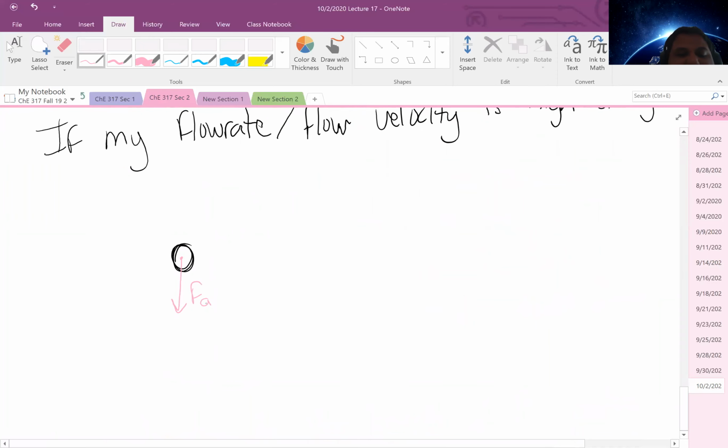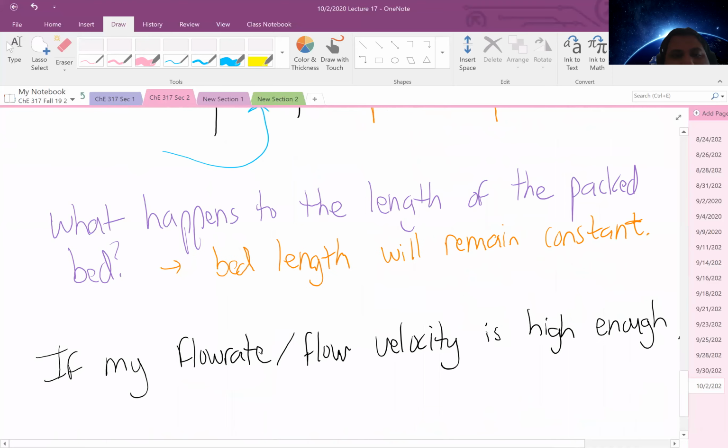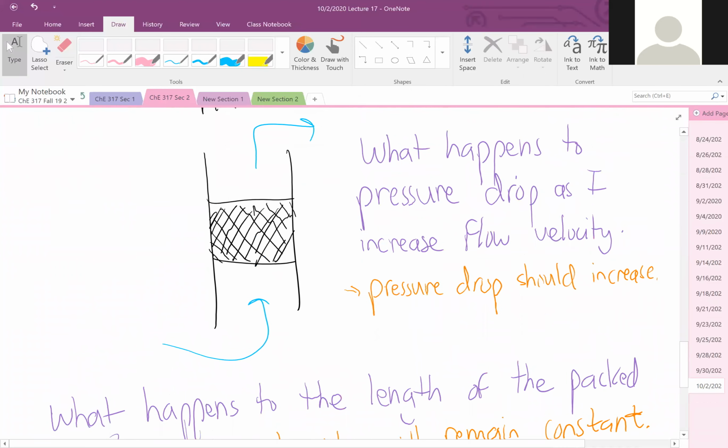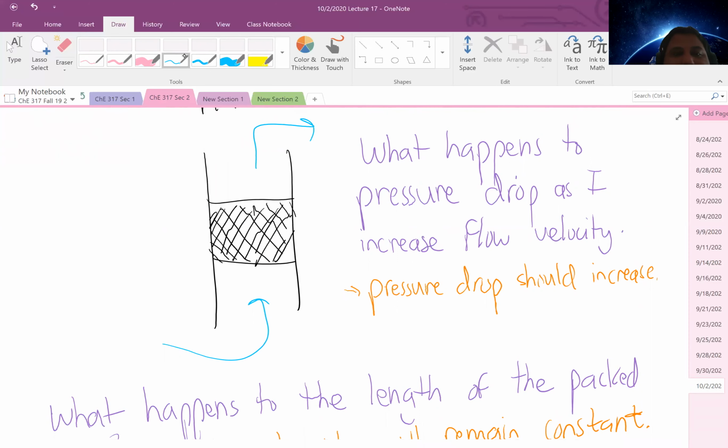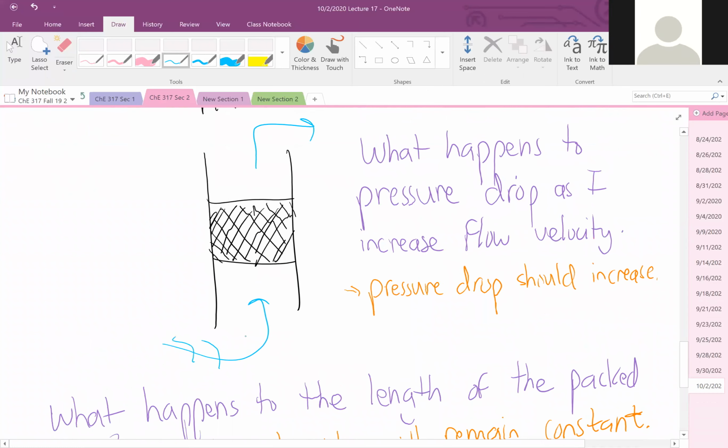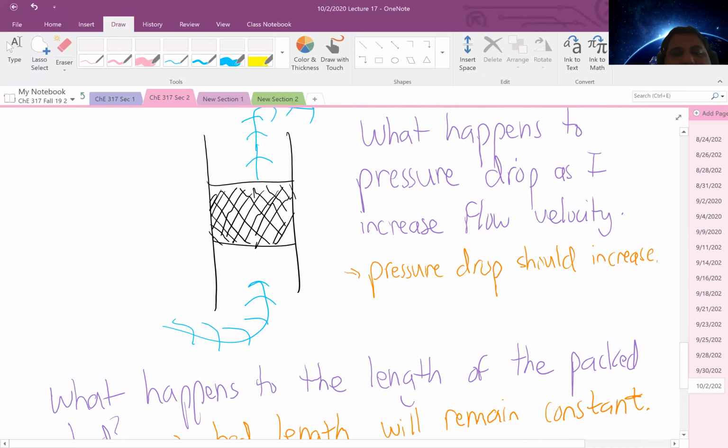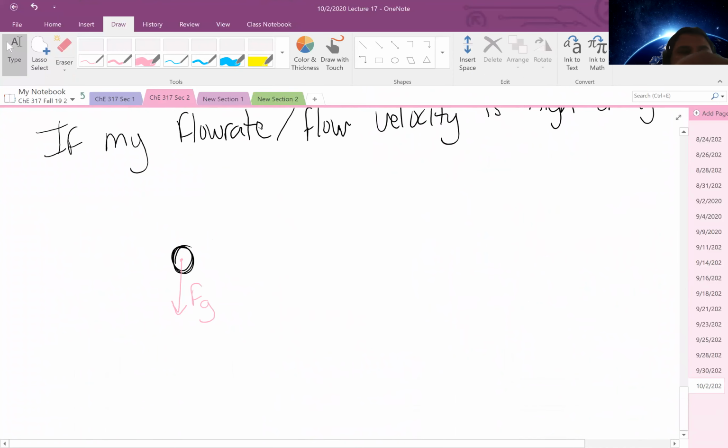Assuming the particle is moving from left to right, the drag force would move in the left direction. Well, it's not moving anywhere, but the fluid is moving from the bottom up. Do you see that here? Yeah. So if the fluid's moving upwards through the bed, which direction is the drag force being exerted on our particle?